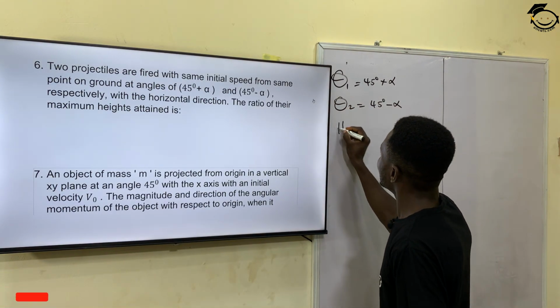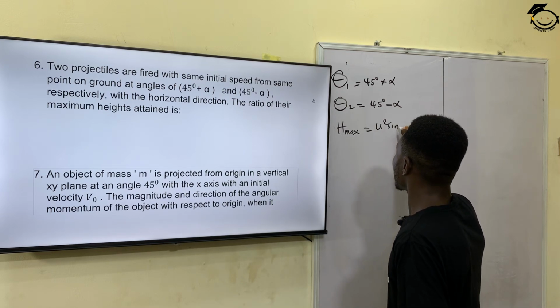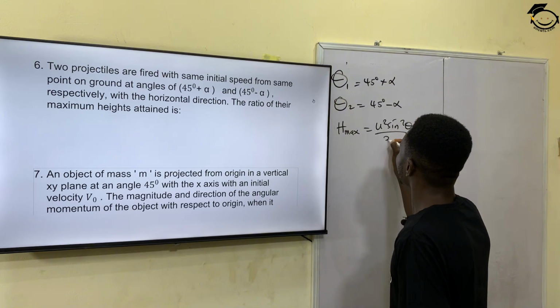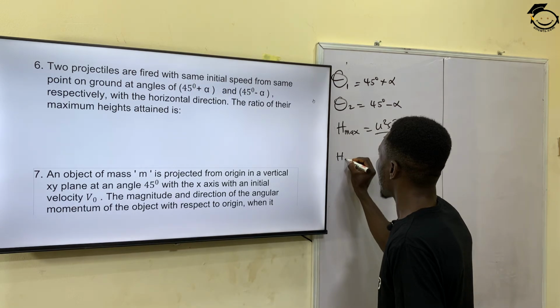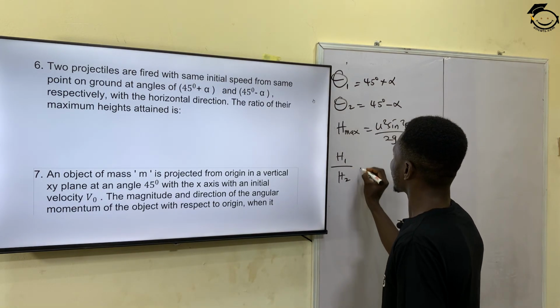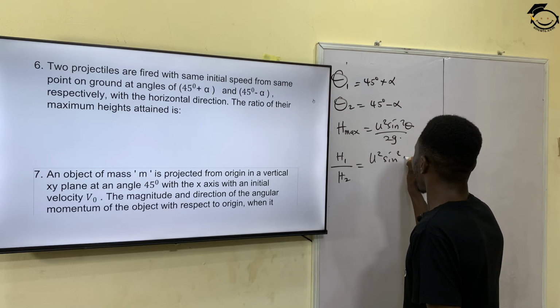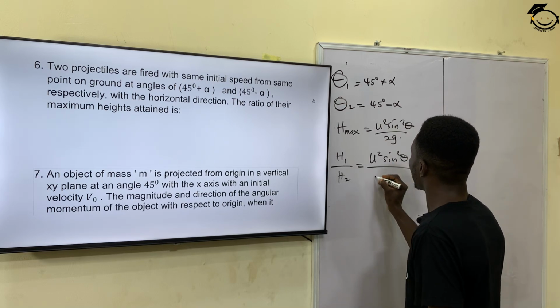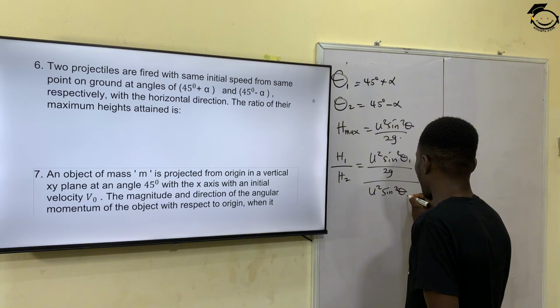So we know that our maximum height, h max, is u squared sine square theta over 2g. So if we are comparing the ratio of their maximum height, I'm saying h1 over h2. So that will give me u squared sine square theta 1 over 2g divided by u squared sine square theta 2 over 2g.